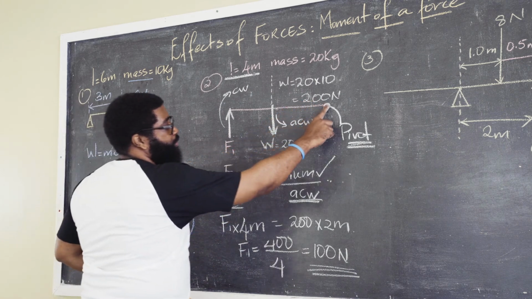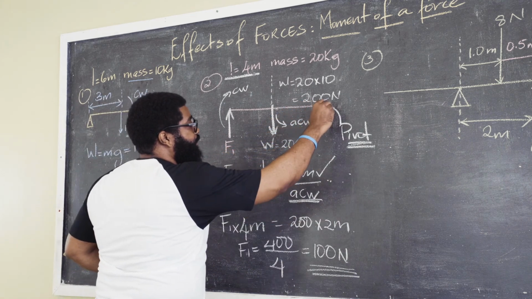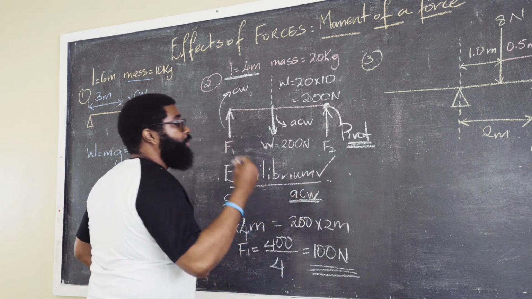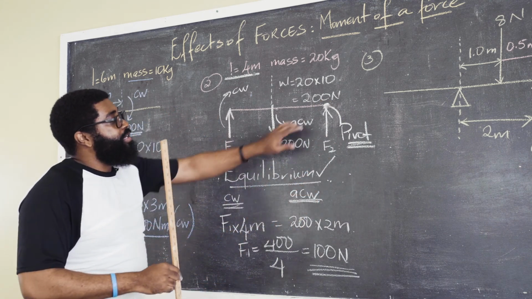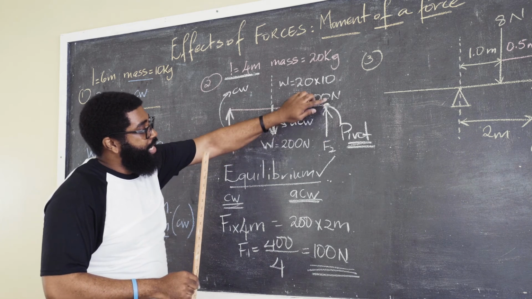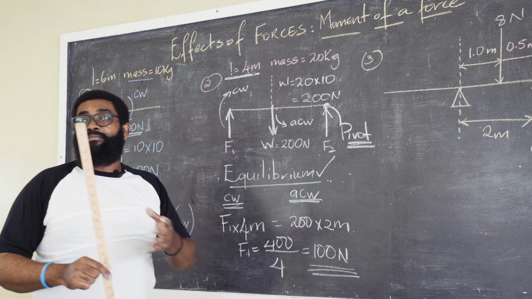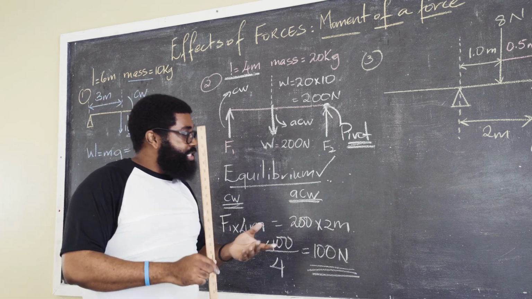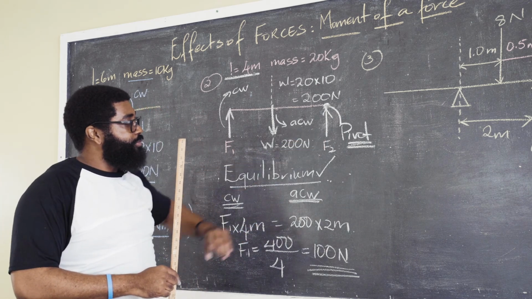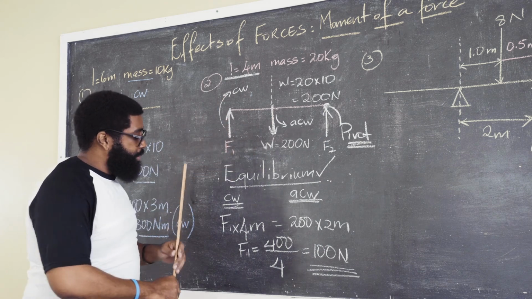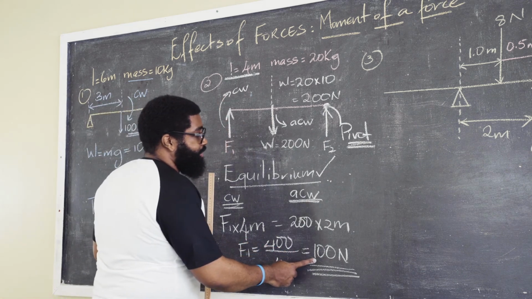We made the pivot one end, removing the force that was acting here, which is F2, from the equation. Why did we remove F2? Because this is the pivot and F2 acts at the pivot, the distance from the pivot became 0. With the distance being 0, there was no moment of force, and therefore we could say this and this are in equilibrium, and we found that.